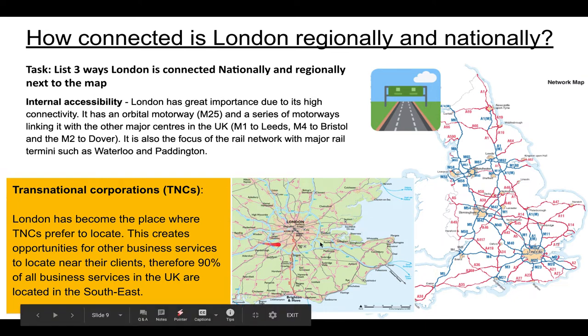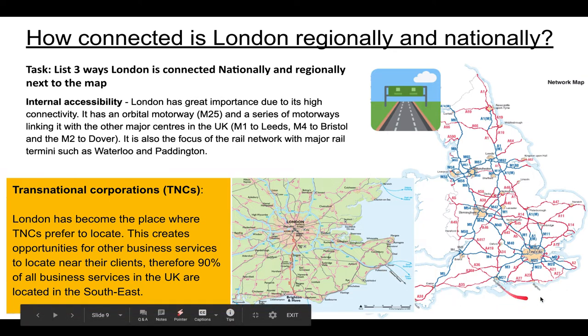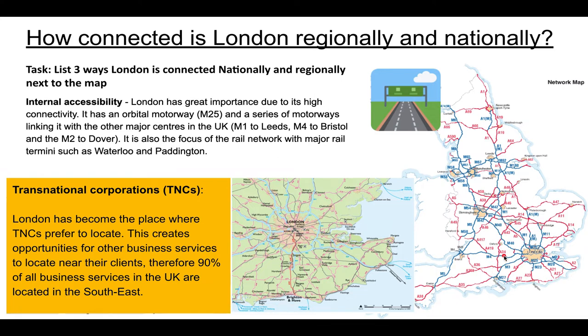In fact, 90% of all business services in the UK are located either in London or in the southeast of England. Okay, so when we talked about the north-south divide before, we said that on average, the southeast is wealthier. Part of the reason is that in the southeast of England, in this area here, 90% of all of the business services in the UK are located there.